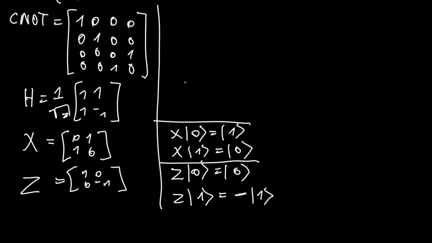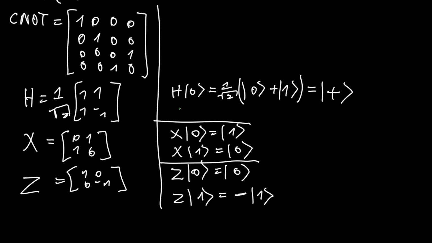Then the Hadamard gate, if we apply it to 0, it's gonna be something between 0 and 1 with a plus. We can also write it as this. And if we apply it to 1, it's gonna be 1 over root of 2, 0 minus 1 with the phase. We're gonna write it as the minus state.